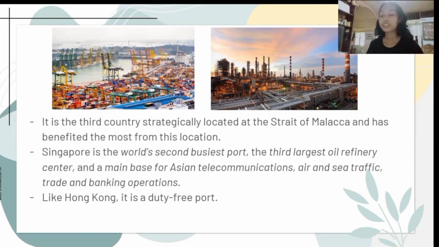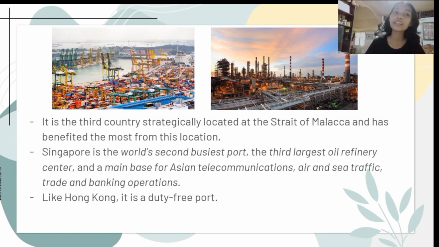Singapore is strategically located at the Strait of Malacca and has benefited the most from this location. Because of its location, it is the world's second busiest port. As we see in the left picture, it is the Singapore Keppel Container Port, the second busiest port.